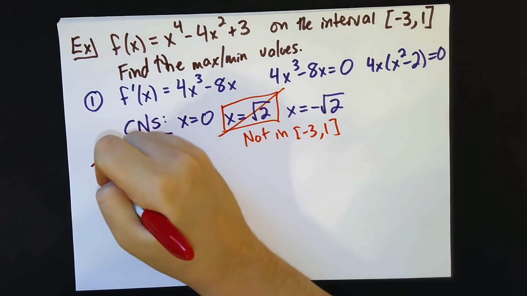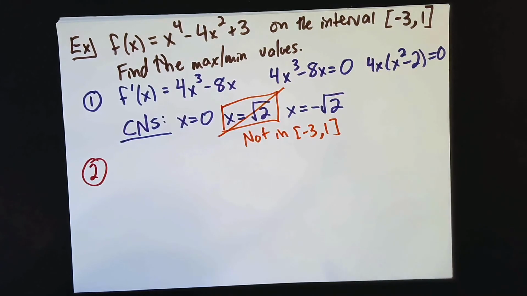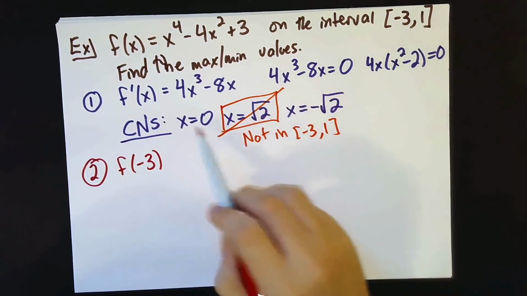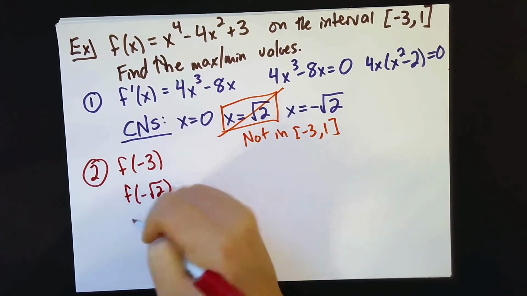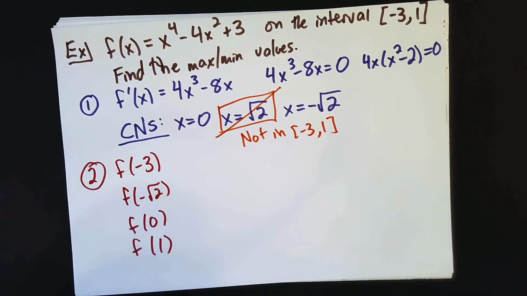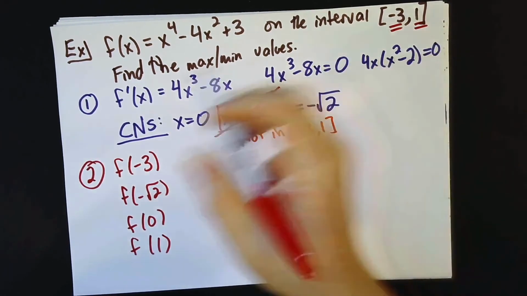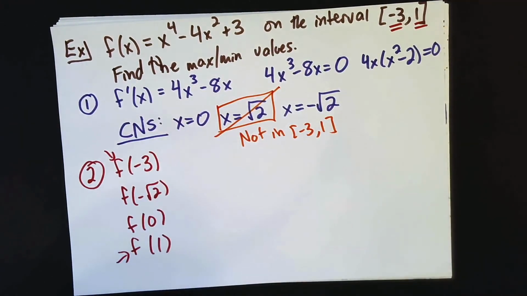In the next step, we're going to evaluate the function at the two endpoints, as well as the two critical points we found that were actually in the interval. Again, the -3 comes from there, the 1 comes from there, that's this point and this point.